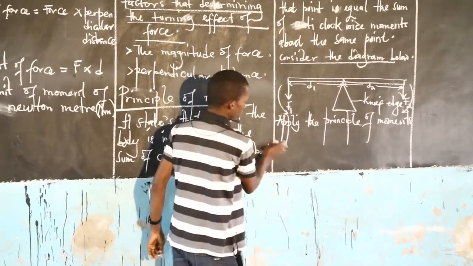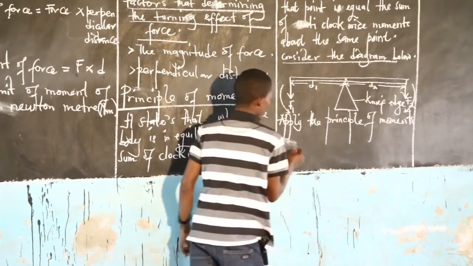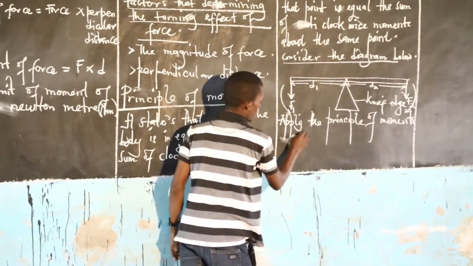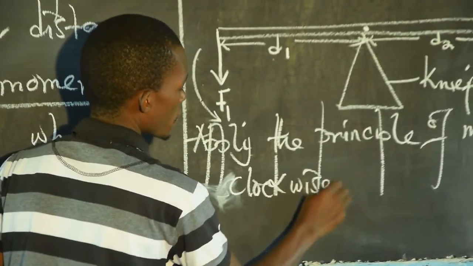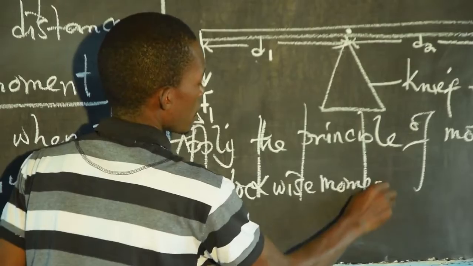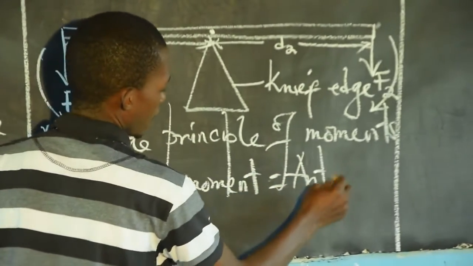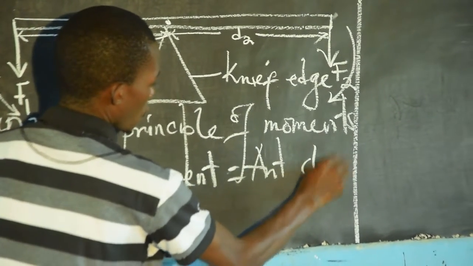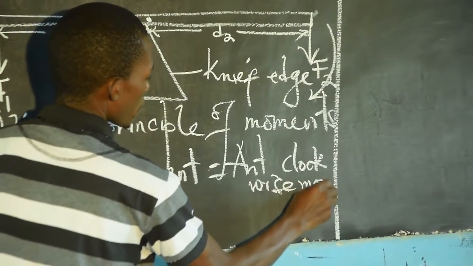That's why we say we have clockwise moments, the sum of clockwise moments is equal to anti-clockwise moments.